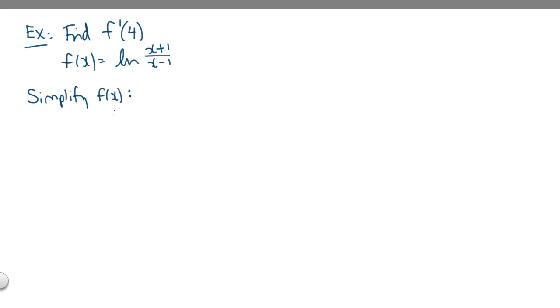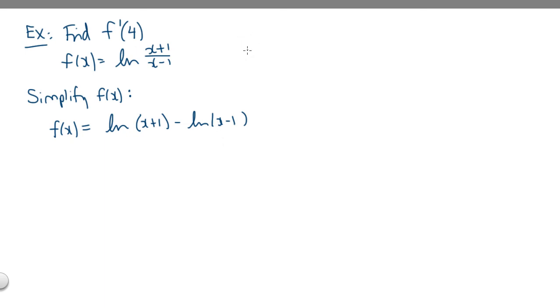So let's think back to our log rules. If you don't remember the rules for simplifying logarithms, you can take a look at our review of logarithms video. But remember that whenever we have ln of a quotient, so ln of a over b, you can rewrite this as ln of your numerator minus ln of your denominator.